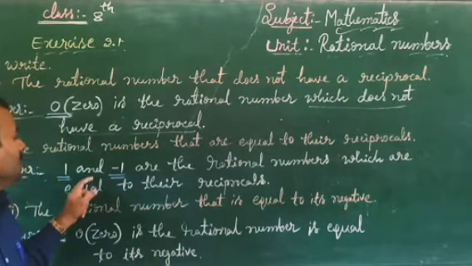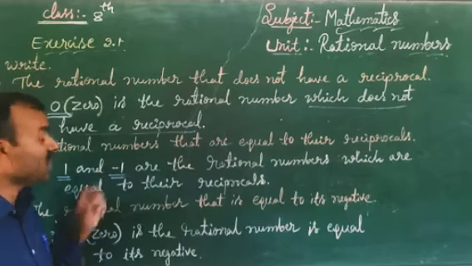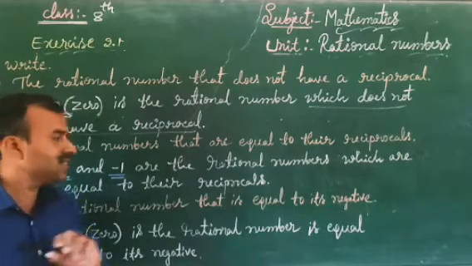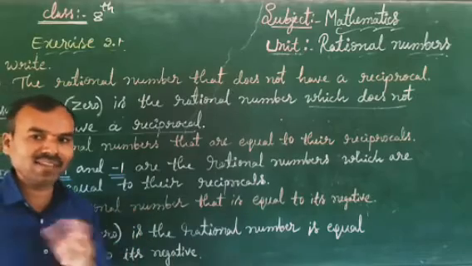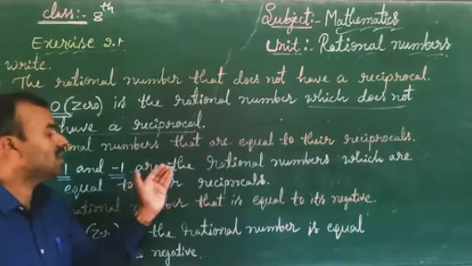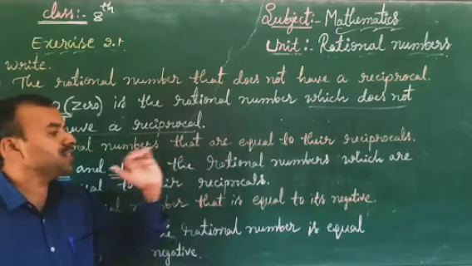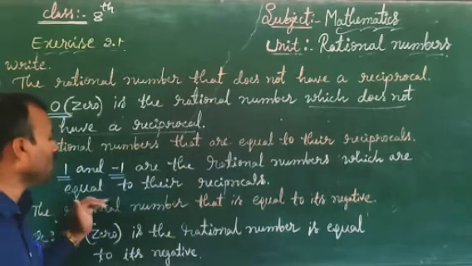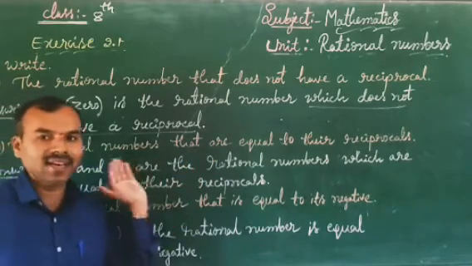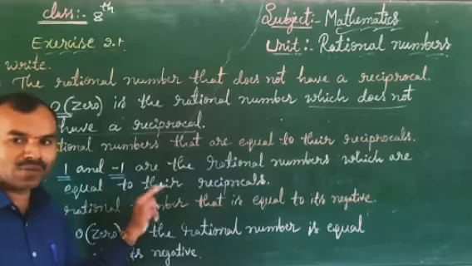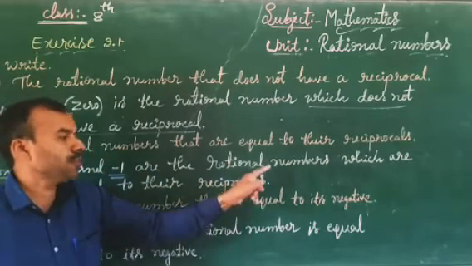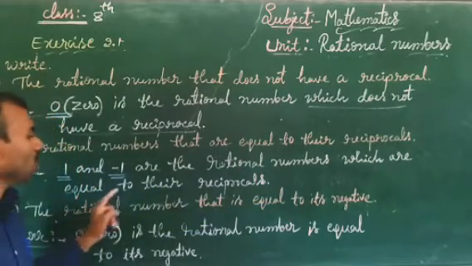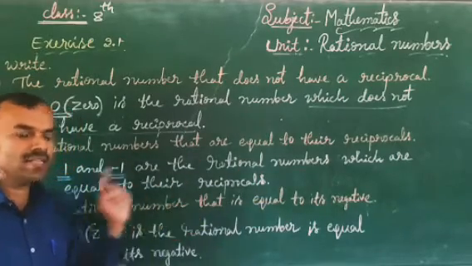And the reciprocal of minus 1 is minus 1. These are the rational numbers which are equal to their reciprocals. You should remember 1 and minus 1 are the rational numbers which are equal to their reciprocals.